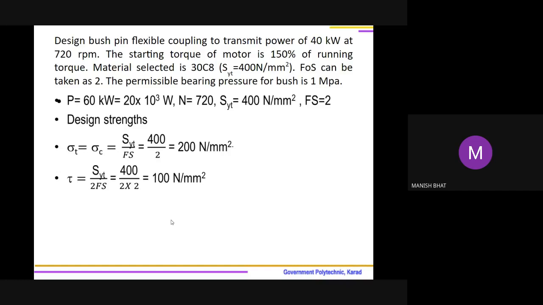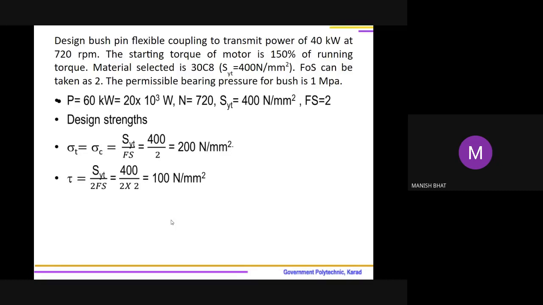By choosing factor of safety 2, first of all, I will be finding out design strengths. Limiting strength upon factor of safety will be the design strength, the allowable strength, correct? Allowable stress is equal to limiting stress upon factor of safety. This time I will be taking crushing stress equal to tensile stress.